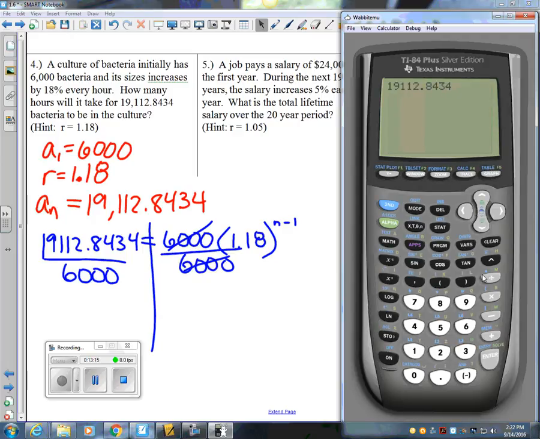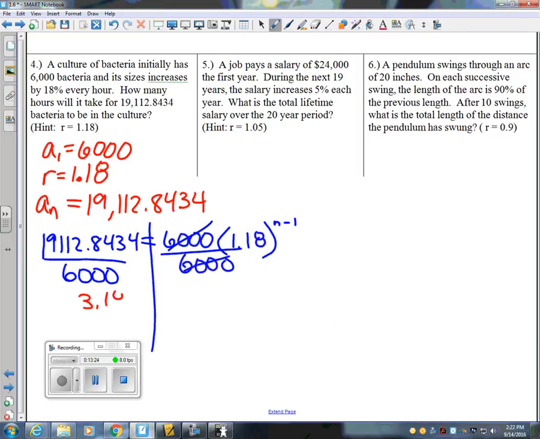I'm going to type all that in, divided by 6,000. All right, now on my paper, I might write 3.18. I might write that on my paper. But what I want you to do is use the calculator. So let's say I write just 3.18 on my paper.